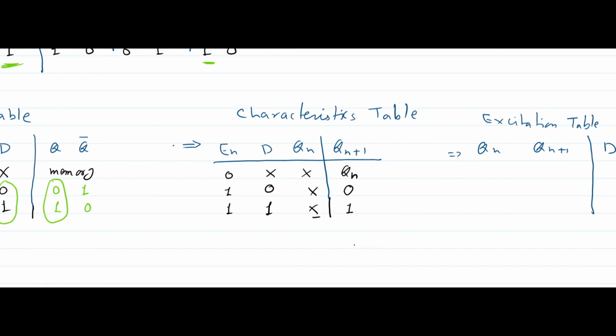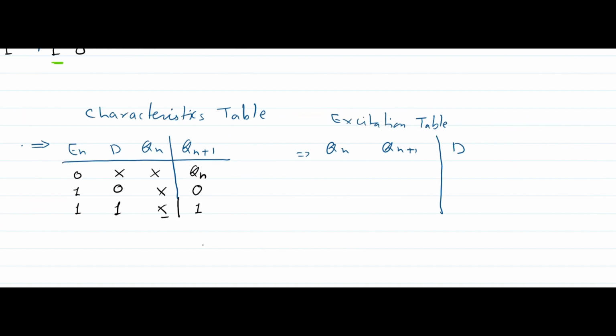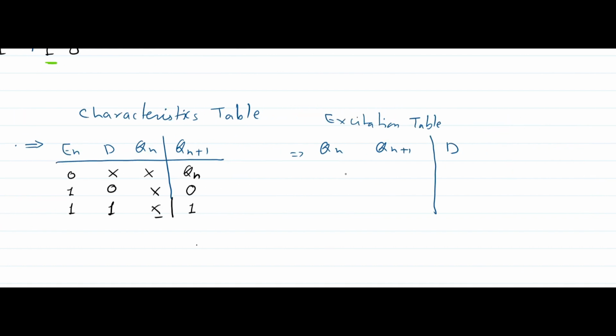Now using this characteristic table, I will design my excitation table. So for the excitation table, these are the 4 cases: 0 0, 0 1, 1 0 and 1 1. In the excitation table, Qn and Qn plus 1 will be inputs, and D will be the output. So these are the combinations.